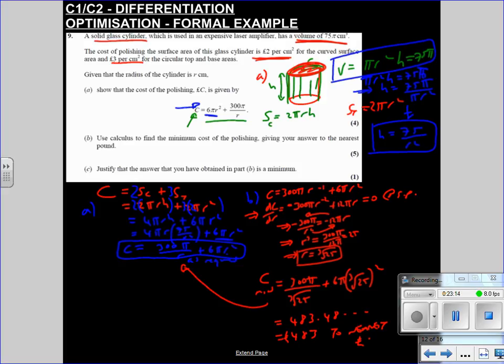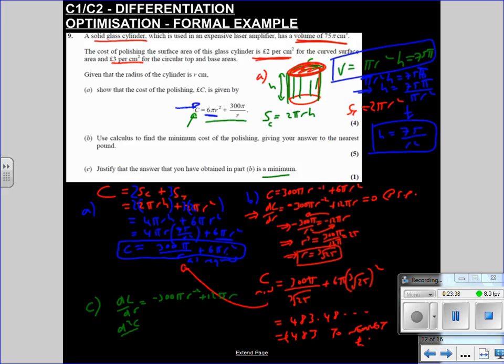Now, part C says justify that your answer is a minimum. Well, we know how to do that now, don't we? Because if we want to classify our point, that means classify, we could just differentiate again. So you know that dC over dr is minus 300 pi r to the minus 2 plus 12 pi r.